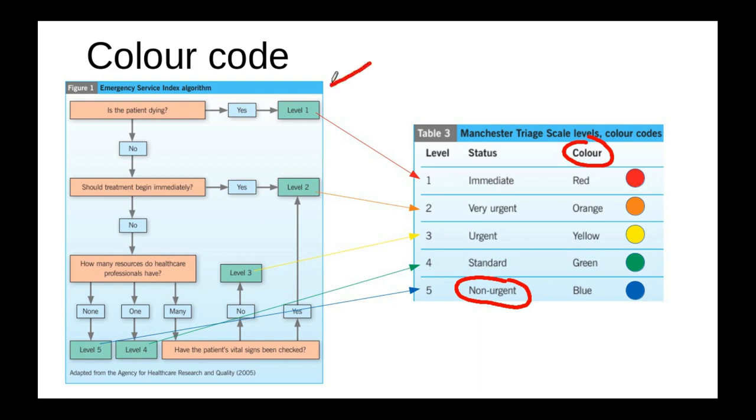Here you have the flow diagram that tells you all the questions that someone must ask in order to tell, as a result, the corresponding level of the illness of the patient.